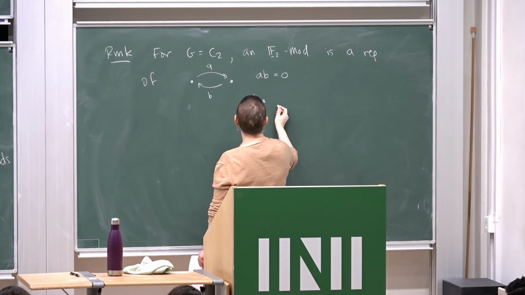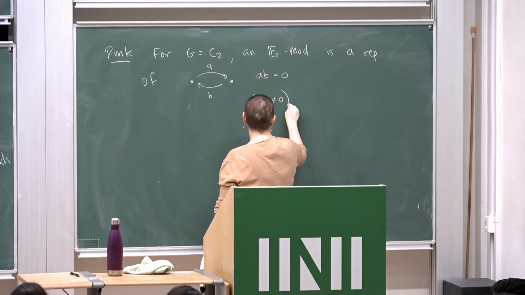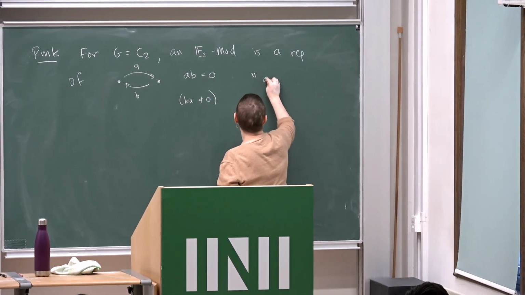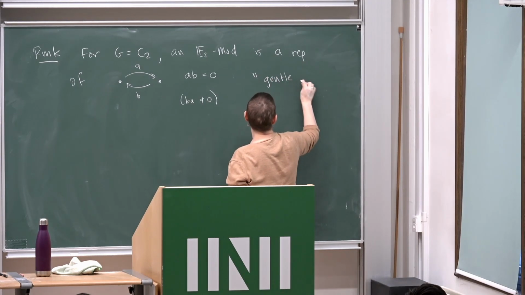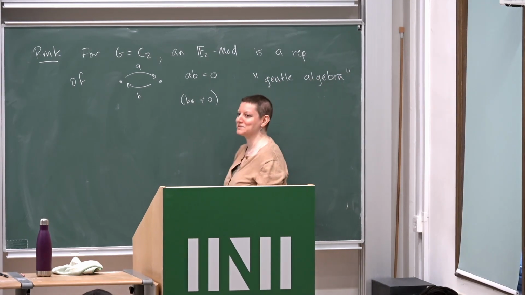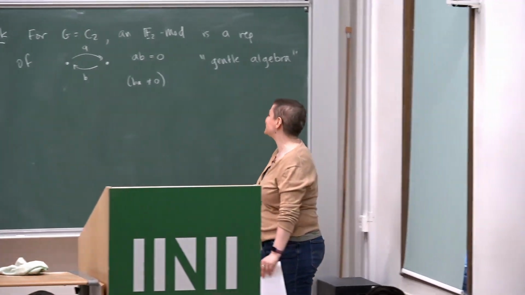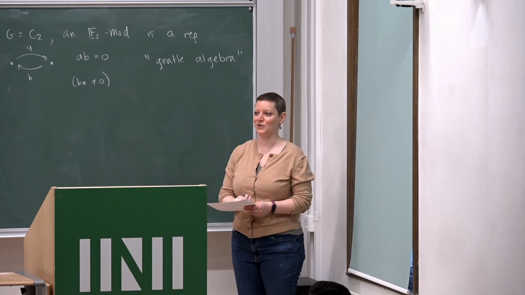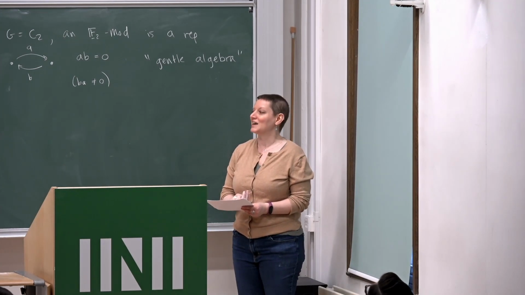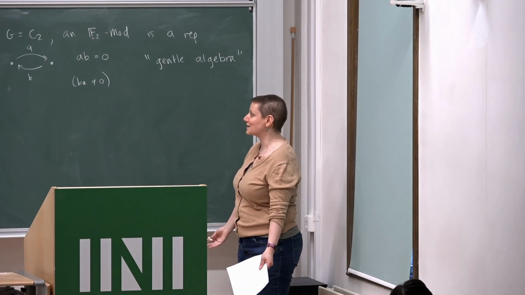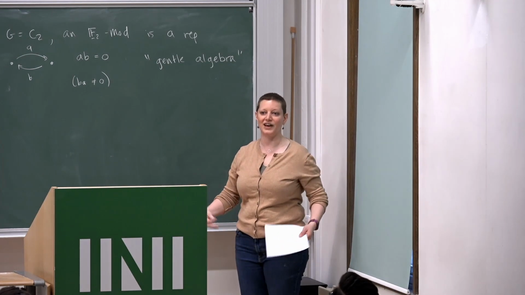I didn't say anything about BA, so BA in general is non-zero. And this quiver corresponds to what's called a gentle algebra. It's just so nice and small and gentle. And gentle algebras are known to be derived tame or derived discrete. And so we do, of course, have infinitely many indecomposables, but they are describable.